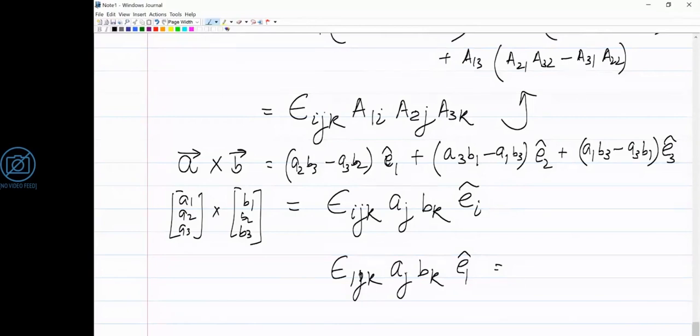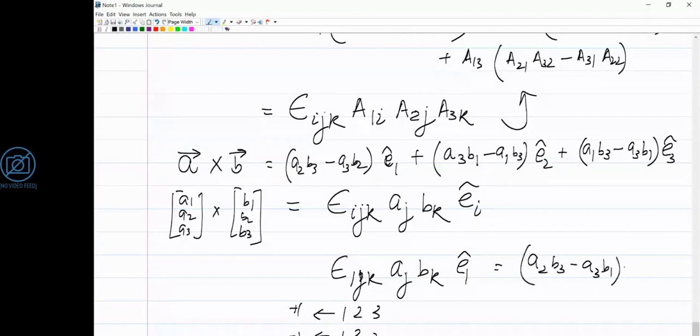And you know that if j becomes equal to k, then epsilon becomes 0. So j and k have to be different. The only possibility is to take j equal to 2 and k equal to 3, and j equal to 3 and k equal to 2. So you have 1, 2, 3 and 1, 3, 2. This gives you plus 1 and this gives you minus 1.